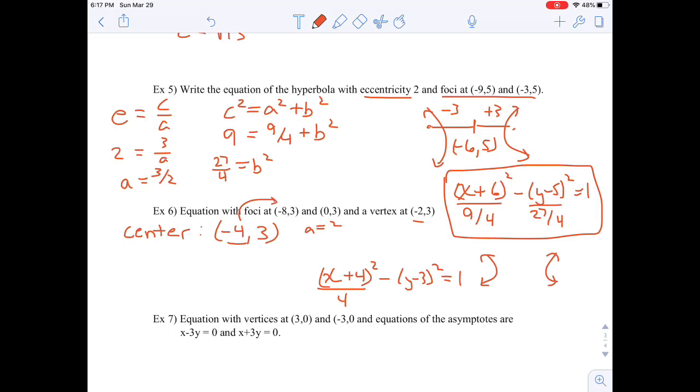So that's moving by 4, which means our C is 4. So C squared equals A squared plus B squared. 4 squared is 16, 2 squared is 4, and we find B squared to equal 12.